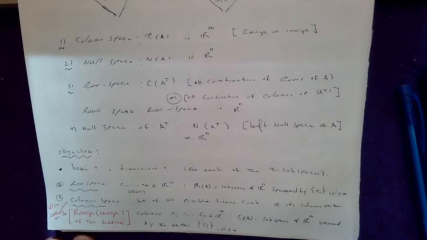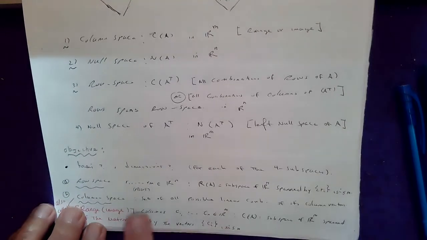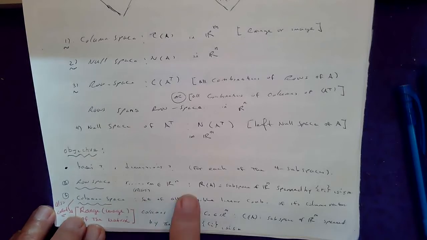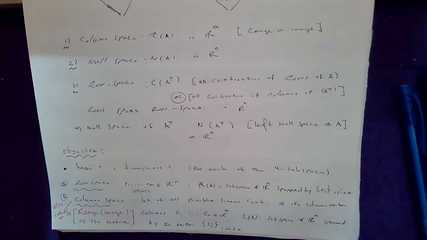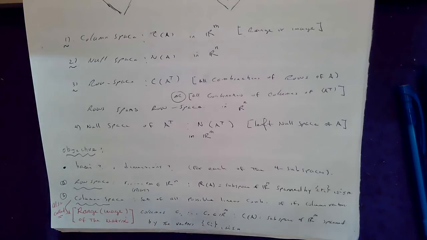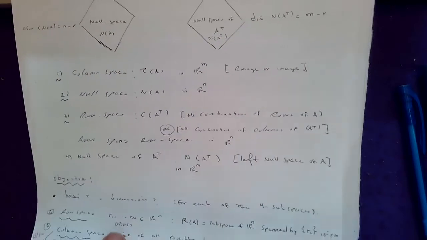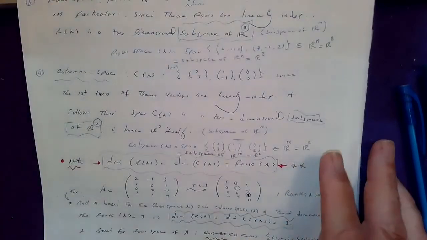So basically, those are the definitions of row space and column space. One more time: row space consists of all linear combinations of the rows of matrix A, and column space consists of all linear combinations of the columns of matrix A. In turn, they are spanning sets for the rows and columns of matrix A respectively.